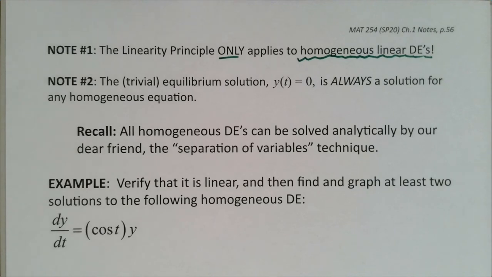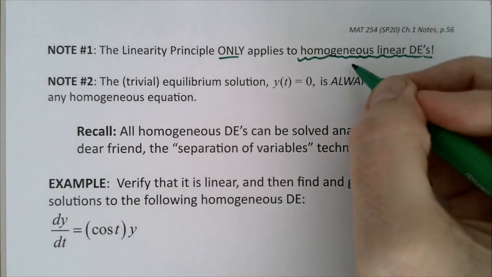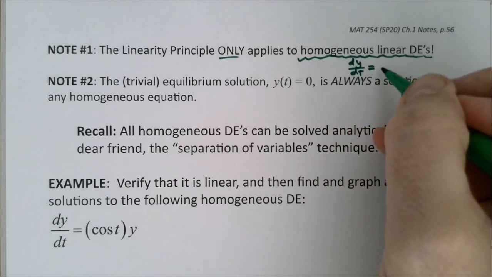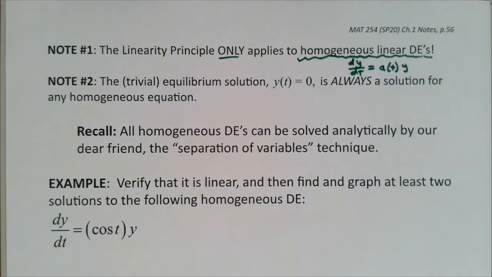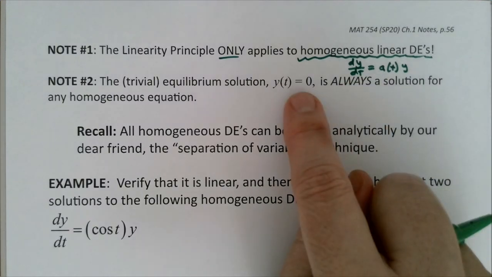And then the other thing that's worthwhile noting, if you have a homogeneous linear differential equation, remember that would be something that looks like dy/dt equals some function of t times y, then the most obvious solution for this, something that is always true, is y equals 0.